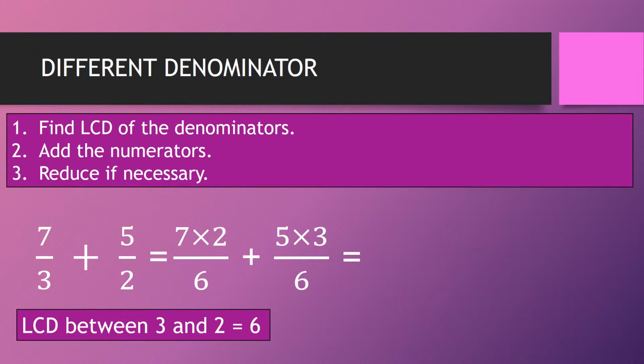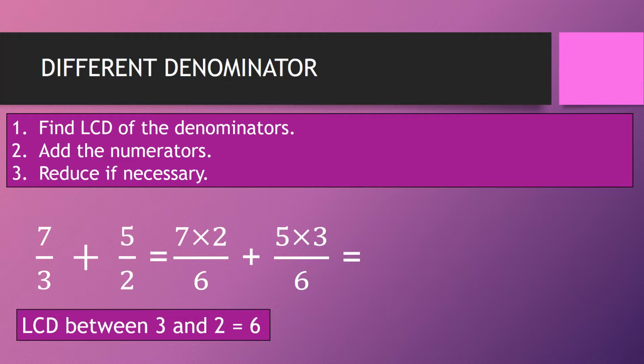But pay attention. If you write 6 in the first fraction, to get a 6, you need to multiply 3 by 2. Because you multiply 3 by 2, in this case, you need to multiply 7 by 2. And the same thing in the other fraction. You multiply 2 by 3 to get 6. Now you need to multiply 5 by 3.